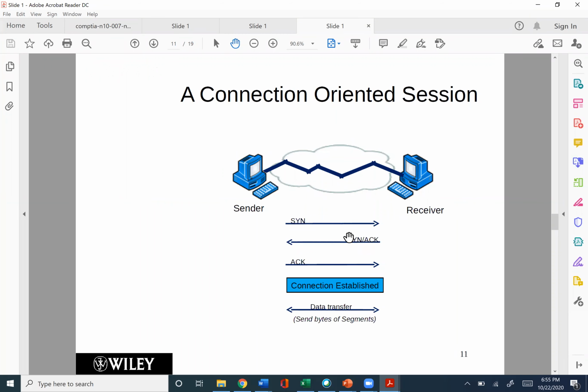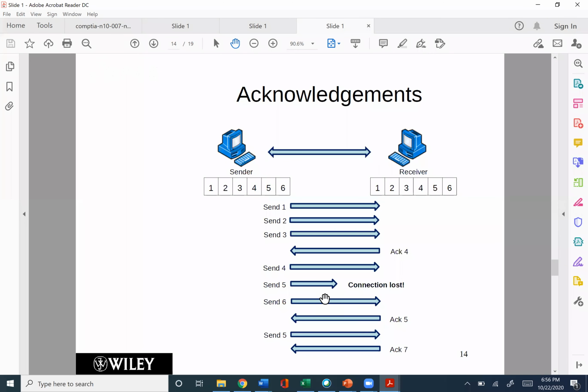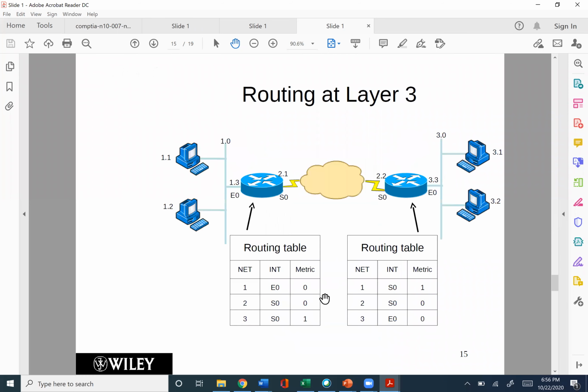The synchronization with an acknowledgement number is just like saying, hey, we're going to start counting from 0, or from 1. We established the sync and the acknowledgement number in the three-way handshake. Then the connection is established, and they start sending. Everything you send needs to be acknowledged. This is the only difference between TCP and UDP.